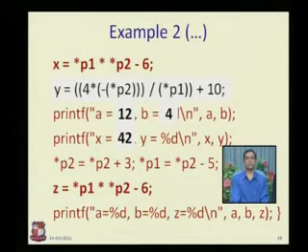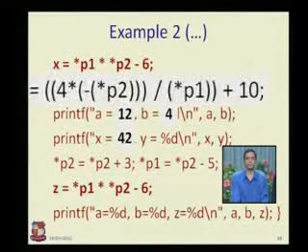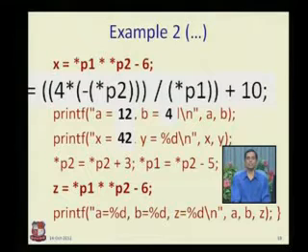Now let's see what is y. For calculating y, I need to see this expression and the order in which it is cleared. First I have to clear *p2 because this is the innermost bracket. *p2 is the value of b, that is 4. Then I have a minus sign with this 4, so that means minus 4, and this is again multiplied by 4, so it will give minus 16.